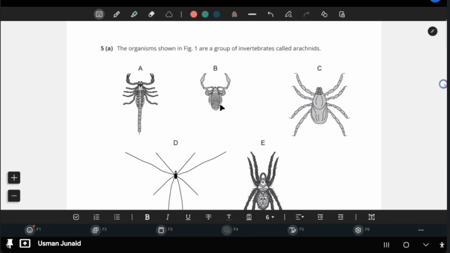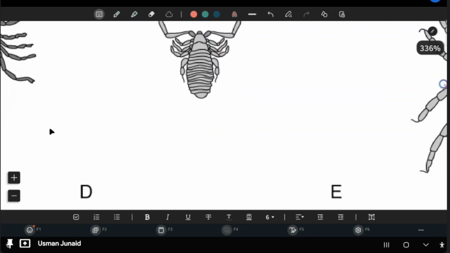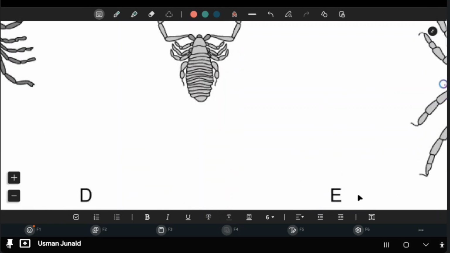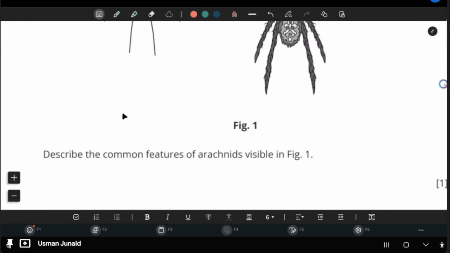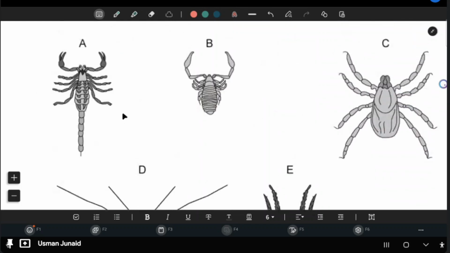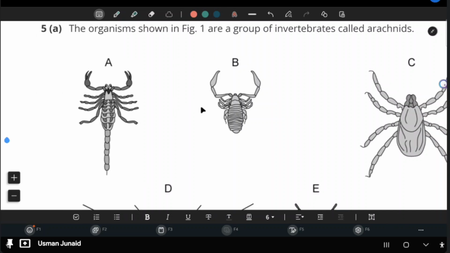Okay. Now, looking closely, what is a common feature that all of them have? They don't have a backbone. Correct? Yes, they don't have a backbone, but arachnids do have eight legs. Count all of their legs. How many legs in the first one? Eight. And how many legs in the second one?